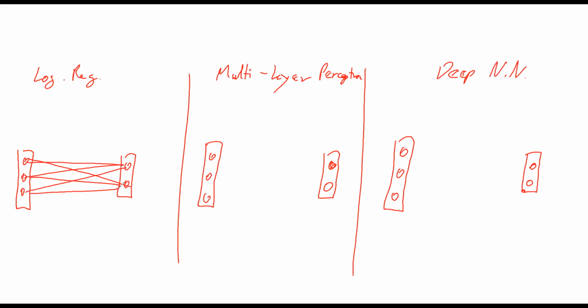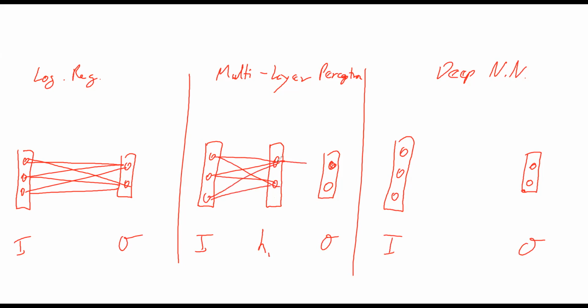That's logistic regression. With a multi-layer perceptron, we have a layer in between, just one layer called a hidden layer. So remember, this is input, output, input, output. But here we just have one hidden layer, so here we have these connections. In a deep neural net, we can have more than one.